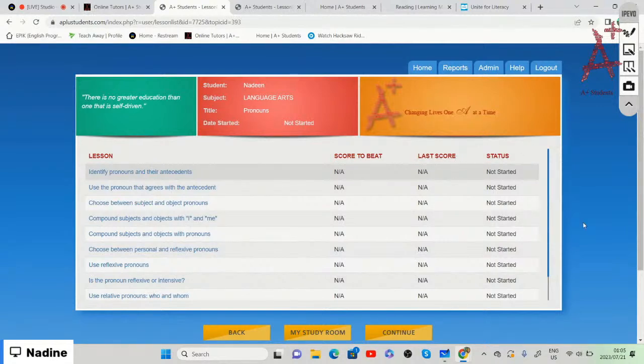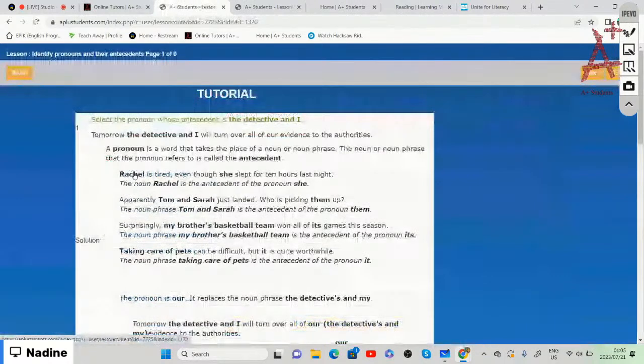All right, so we're going to go on to the first lesson, which is to identify pronouns and the antecedents. A pronoun is a word that takes the place of a noun or a noun phrase.